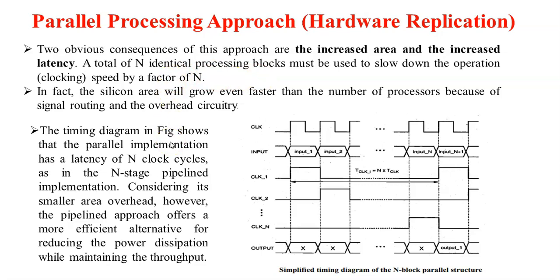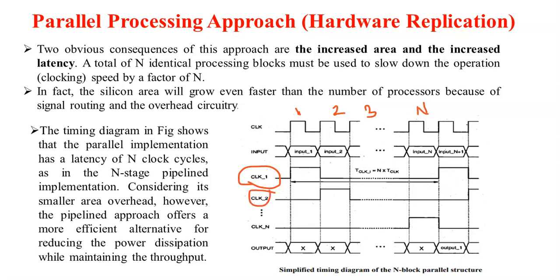So here we are analyzing the timing diagram for the parallel processing. This is the timing diagram for the parallel processing. Here we are using the clock signal: this is clock 1, clock 2, clock 3, up to clock n. The inputs are given as input 1, input 2, up to input n for the corresponding n number of logic blocks. So at clock 1, the first input is loaded to the first logic function.